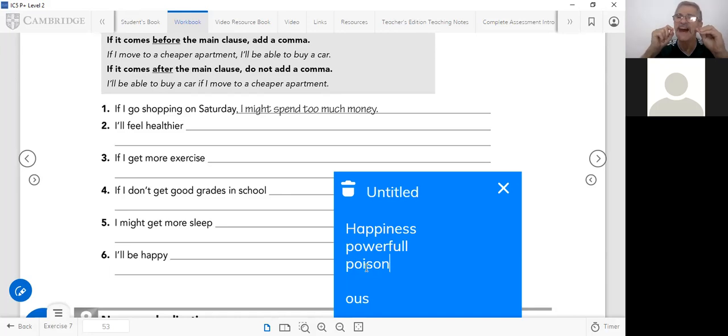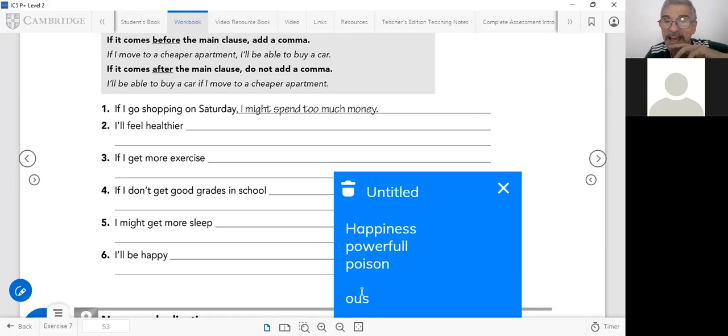Poison is a kind of substance that is dangerous for your body. Imagine a snake that has teeth and injects a poison in your body, right? When the snake bites you.